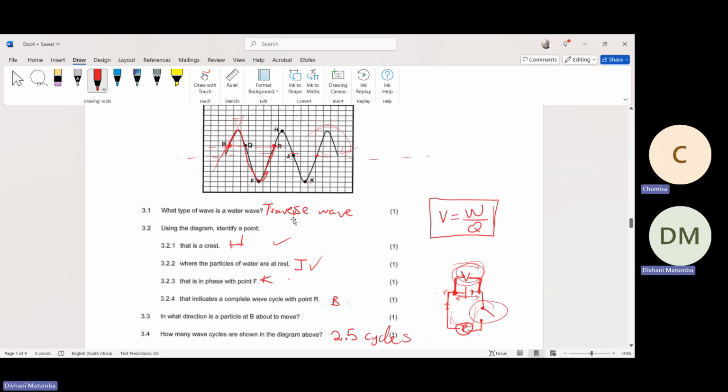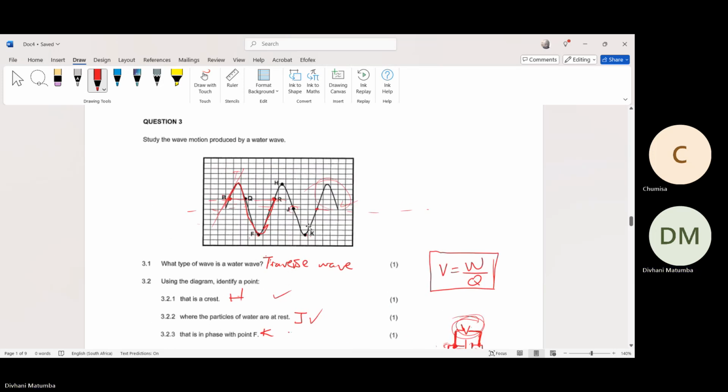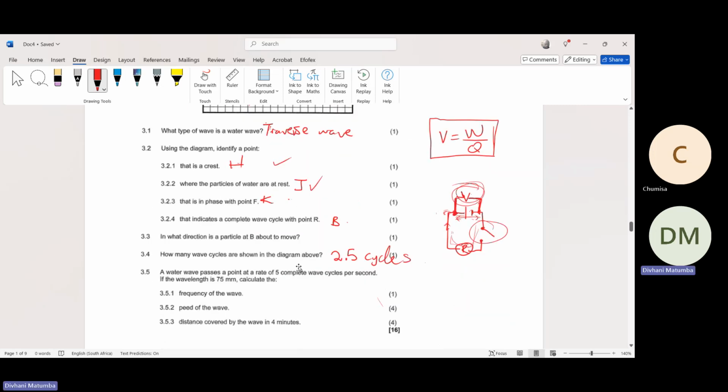So if you check on the graph, they said here a water wave passes a point at a rate of 5 complete wave cycles per second. So how do we calculate the frequency now? Number of waves that pass a point per second over change in time.